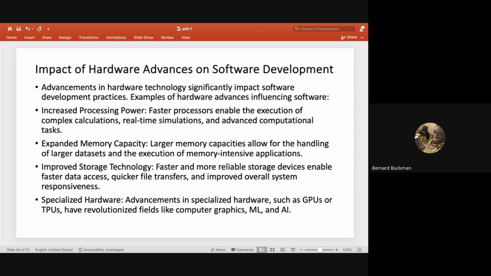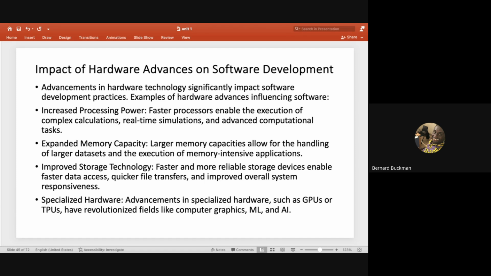Because we have been able to increase the storage capacity. These days you can store 1 terabyte, 2 terabytes on a single drive, but in the past we couldn't store such an amount of data on a single drive. These are some of the advances that have come up.